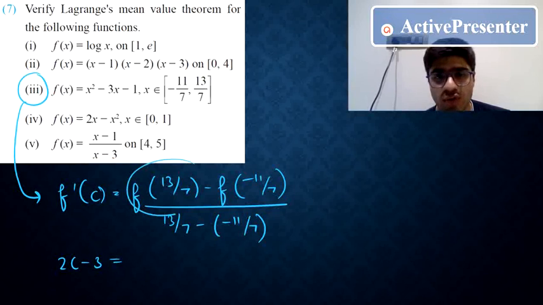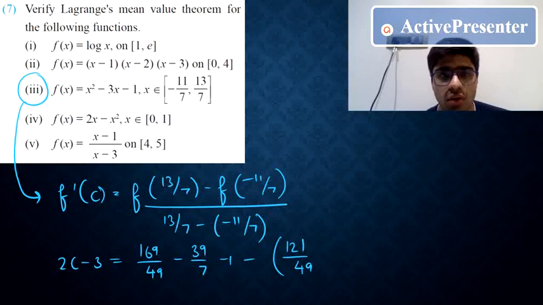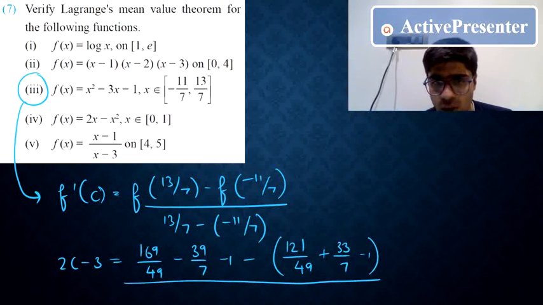That will be equal to f of 13 by 7, which is 169 upon 49, then minus 3 into 13 by 7, so minus 39 upon 7, minus 1, minus f of minus 11 by 7, that will be 121 upon 49. Then minus of minus, that is plus 3 into 11, plus 33 divided by 7, and then ultimately a minus 1 again. The whole thing divided by 24 by 7 in the denominator.